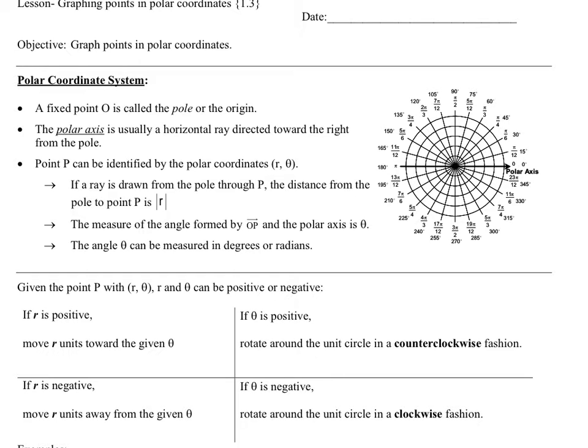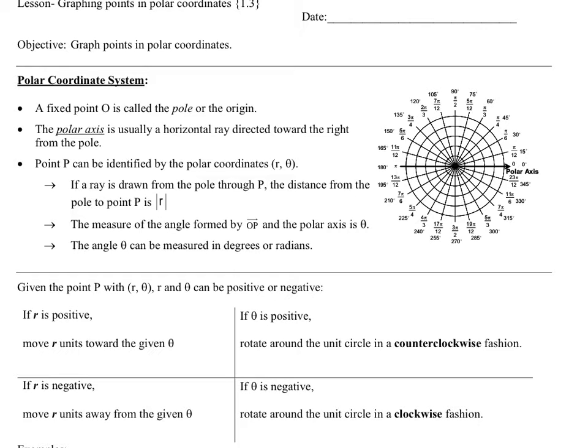Point P can be defined by the coordinates (r, theta). r represents the radius, theta represents the angle of movement. Everything's in terms of a movement, and the idea is that you're pulling away from the pole in some capacity. Those two dimensions are a counterclockwise or clockwise movement, and a distance traveled from that pole.